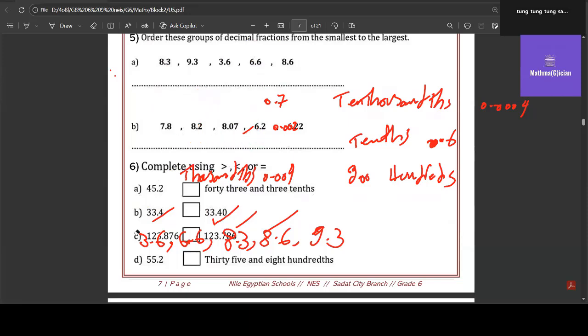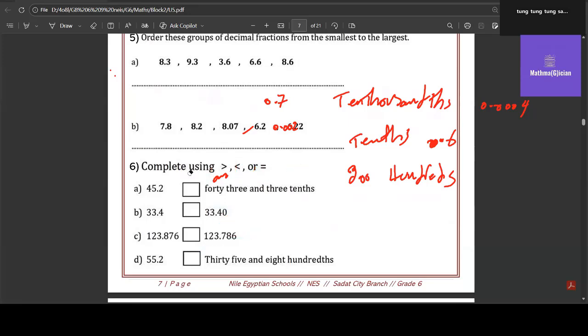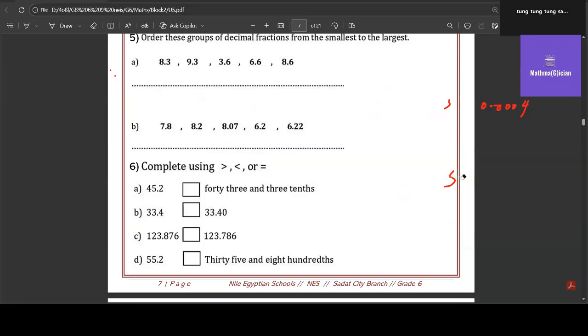Compare using smaller than, greater than, or equal. 45.2 or 43 and 3/10. Okay, first try to convert these words into digits. So 43, and a decimal point, 3/10, which is the tenth place, which is 0.3, so 43.3.